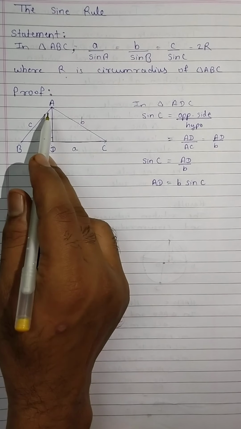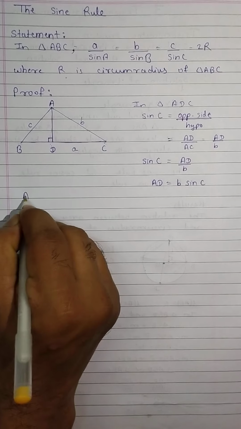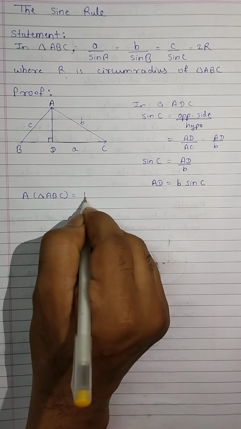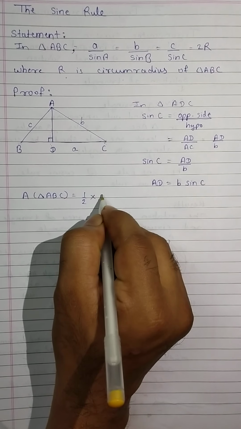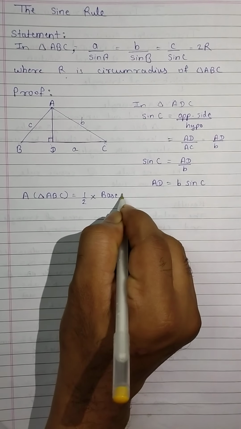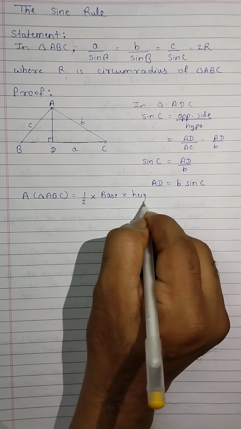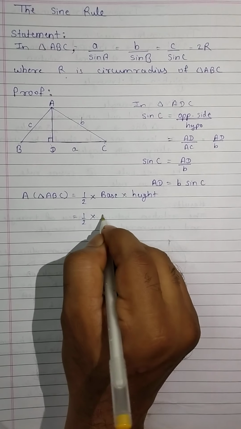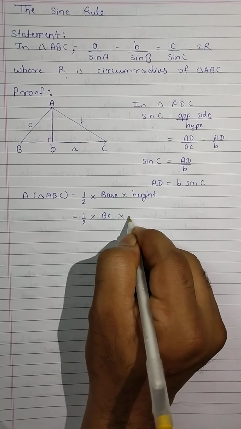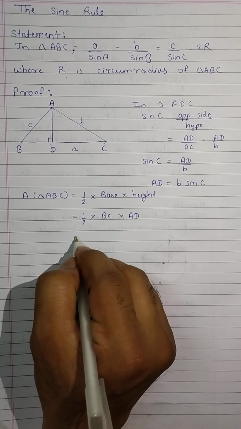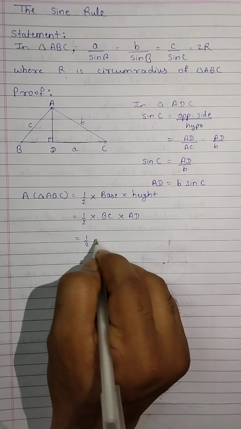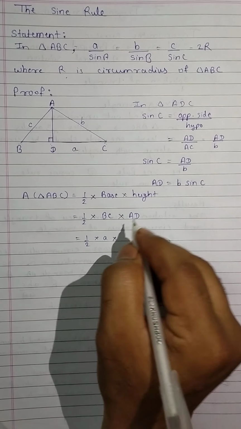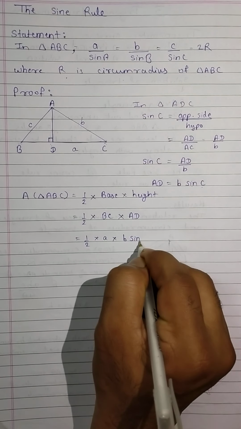For triangle ABC, area of triangle ABC is equal to half into base into height, which is equal to half into base is BC into height is AD, so which is equal to half into BC is a, and AD we got as b sin C. So we will substitute that value over here.